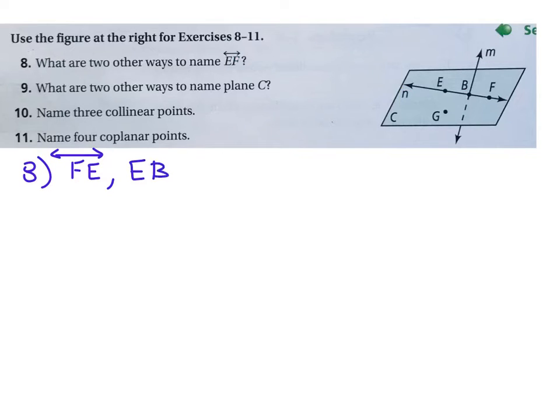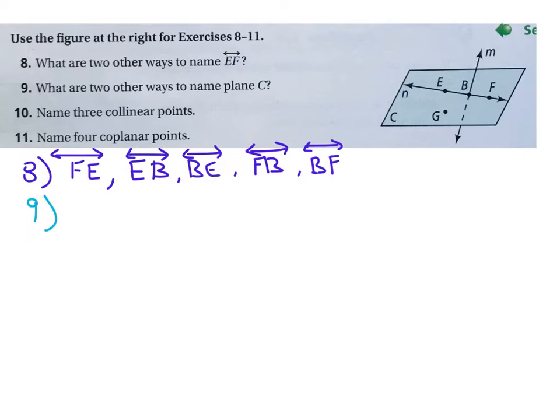We could say it is line EB, or reverse that for line BE. You could also do FB, line FB, and line BF. Those are all legitimate names for it, as long as you have named 2 points that are on the line. Okay? So, that was number 8.